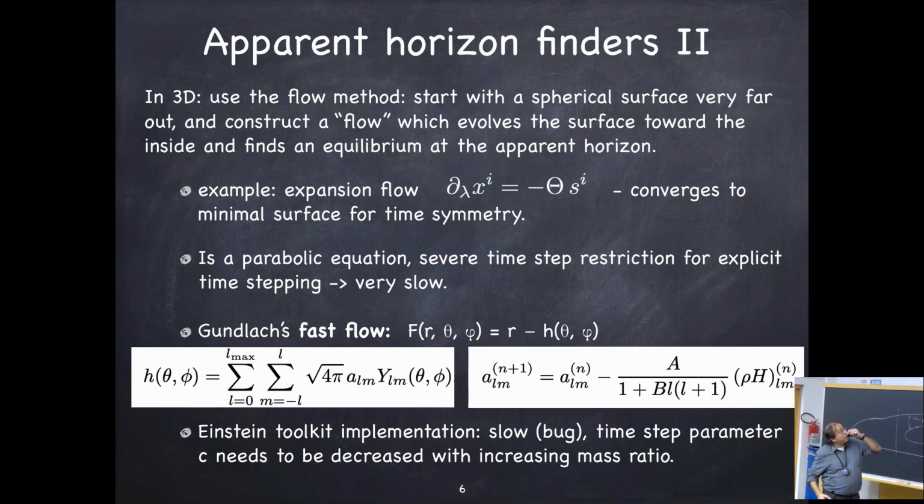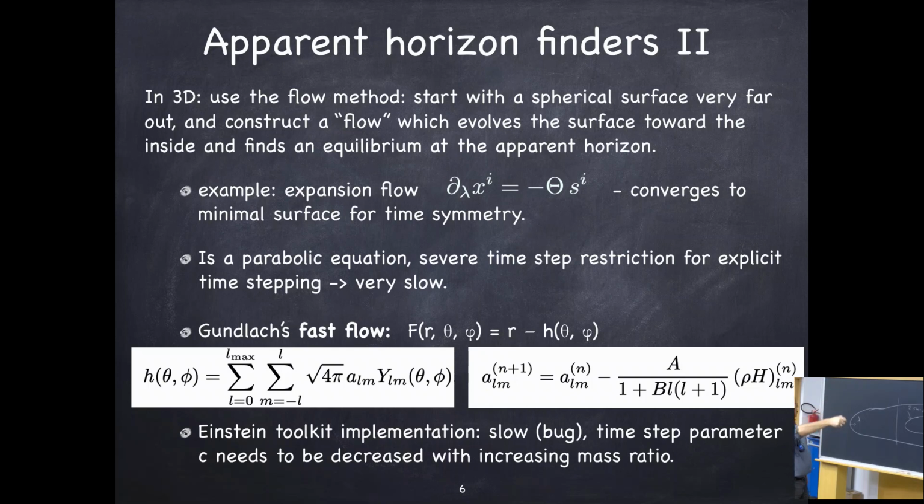So for example, one way of doing this is this one. It's called expansion flow. So lambda is basically some unphysical parameter, a parameter in this direction, and lambda is 0 where I start, and now this is the unit normal, and so I just solve x coordinate prime as the expansion times the normal.